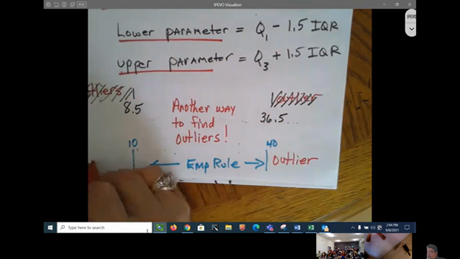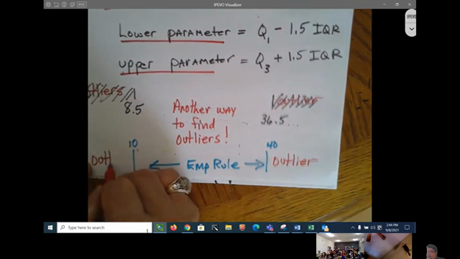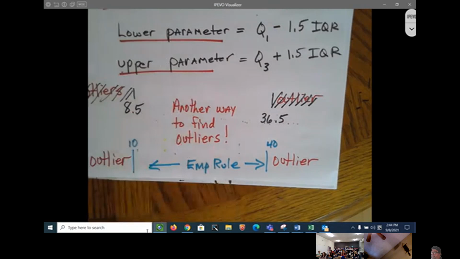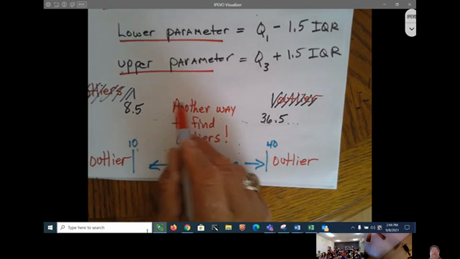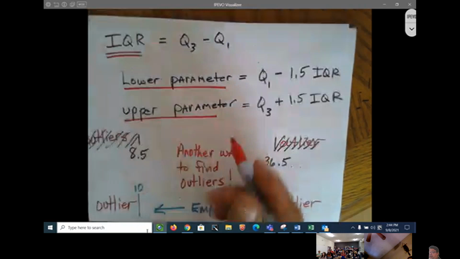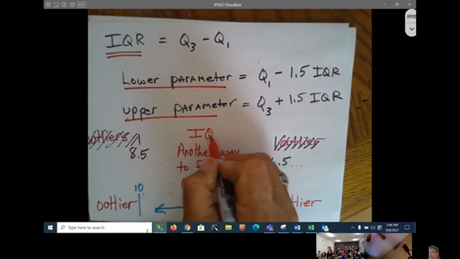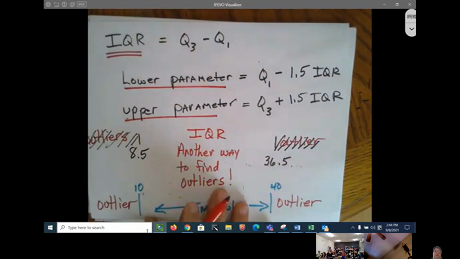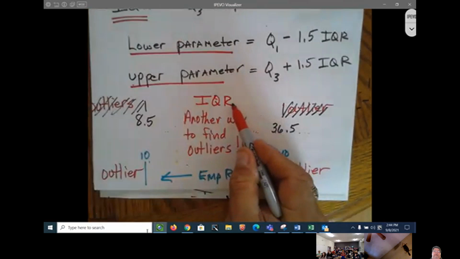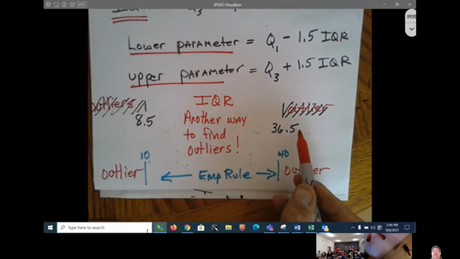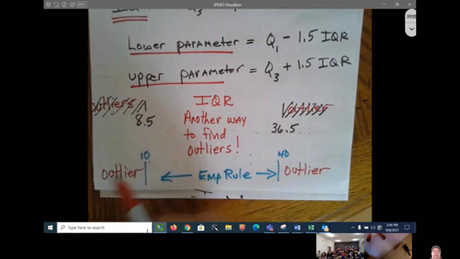And you can see they're not that far off. But the test question may ask you to find the outliers with the empirical rule, or it may ask you to find the outliers with the interquartile range. So there's your two different methods of finding outliers.